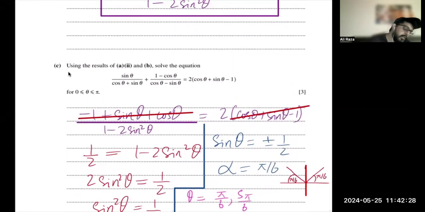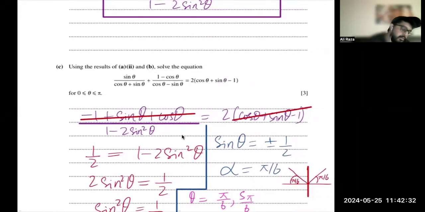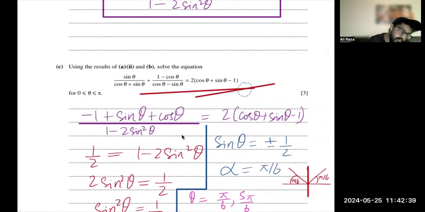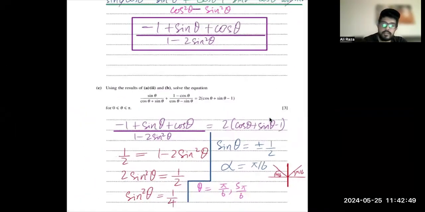However, we'll need to remember that when we had this initial equation, the numerators on both sides can also be 0 and the equation would be balanced.